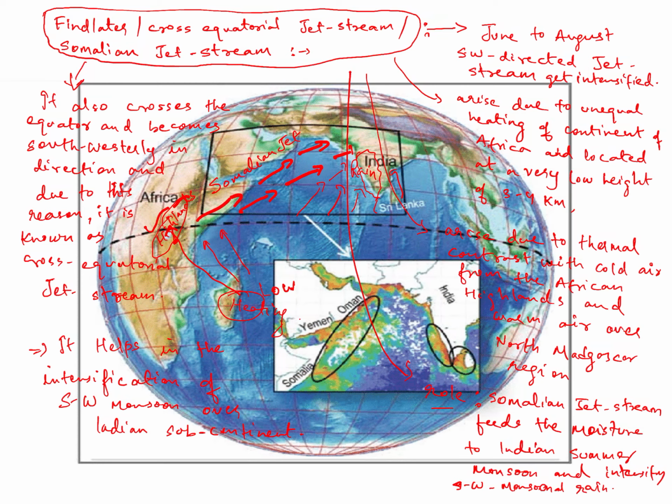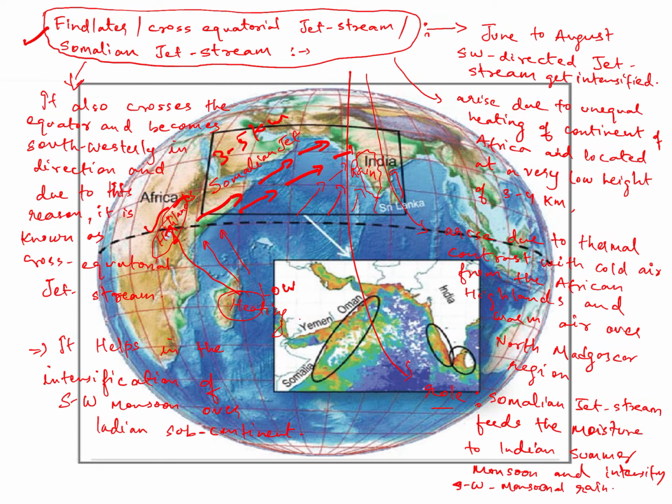The branch which moves parallel to the Somalian coast from the southwest towards the northeast at a height of 3 to 5 kilometers is defined as what? The Somalian jet. Since it crosses the equator, it is also called the cross-equatorial jet stream, and by another name, the Findlater jet stream.